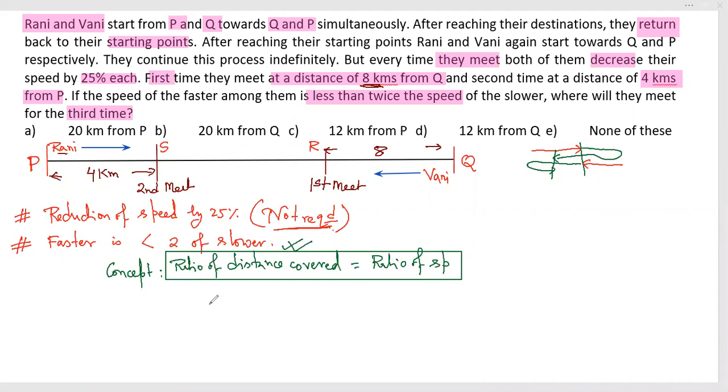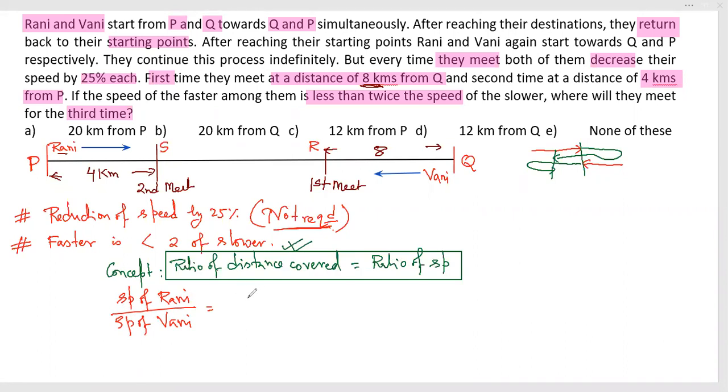So the first time, I am considering the speed of Rani by the speed of Vani, that I want to find. For the first meeting, Rani has traveled how much distance?